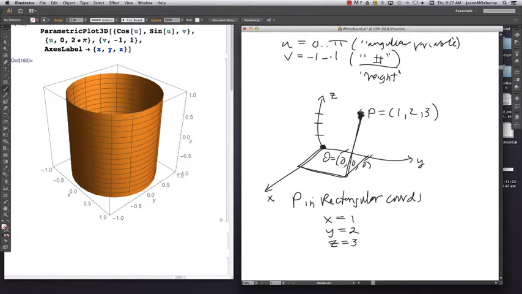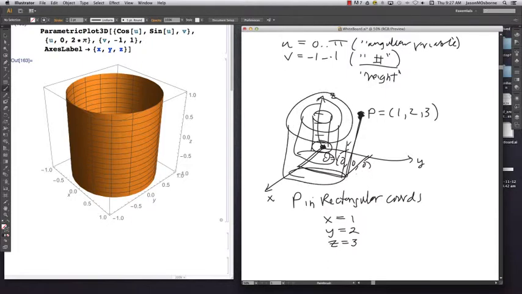You can choose to think that every point in this space is actually on some sort of cylinder. So if you imagine that this space, instead of being filled with a rectangular grid, is actually filled with cylinders of varying radii, right?